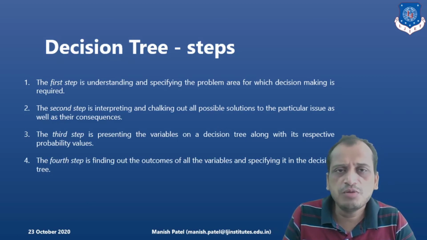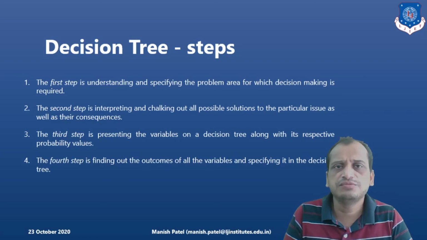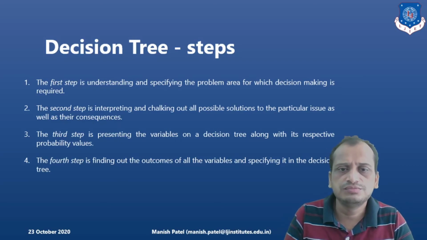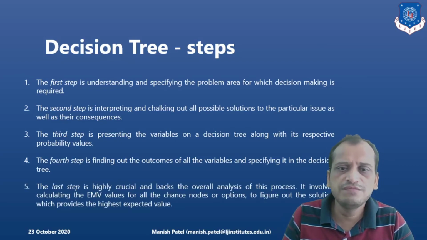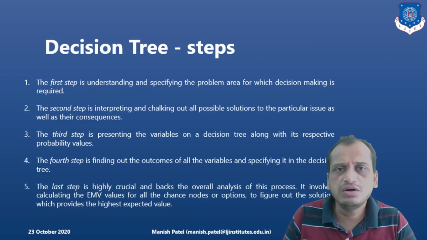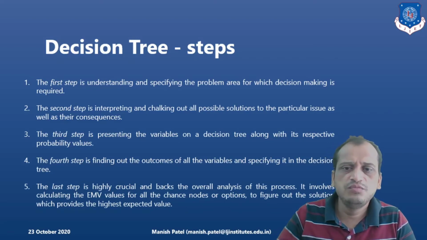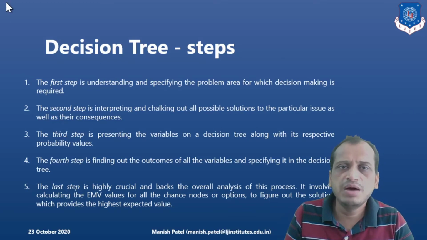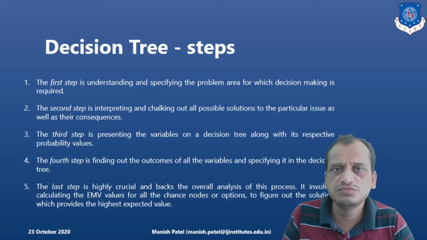And based on the probability estimates and the chance, and the payoff, you can easily calculate the outcome. And finally, as part of the overall analysis, by analyzing different outcomes, whichever is the favorable decision, the company will go with that decision.